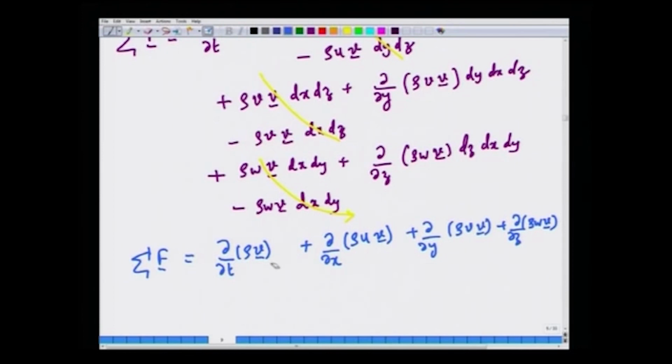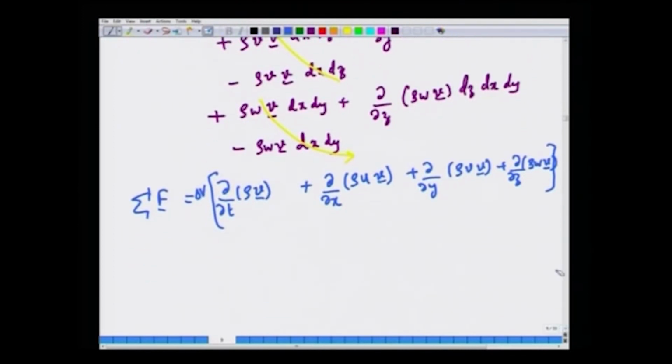So, I can pull delta v entirely out and take it common. That will give us the sum of all forces equal to delta v times d dt of rho v, plus this can be written as del dot rho v v.